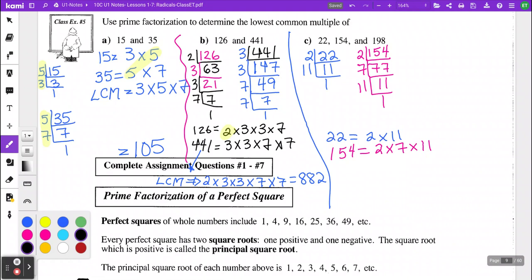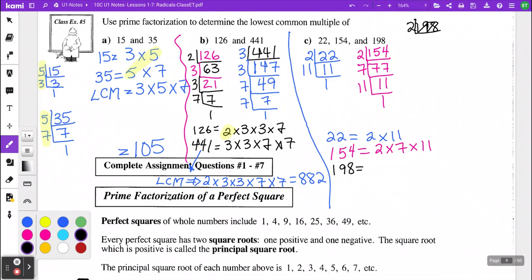And our third number, 198. Oh boy. Okay, we're going to do a division table with this guy. He's an even number. So we're going to divide him by 2.